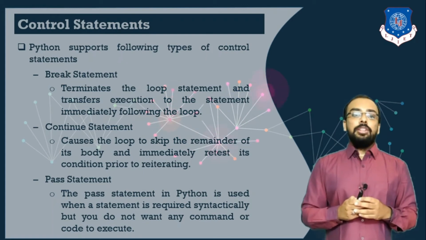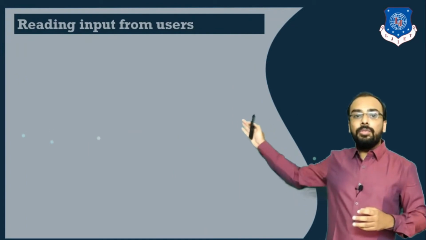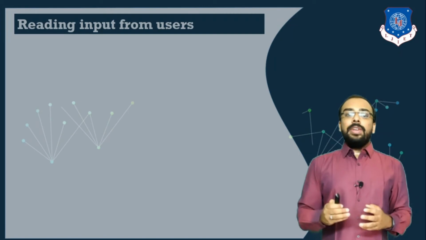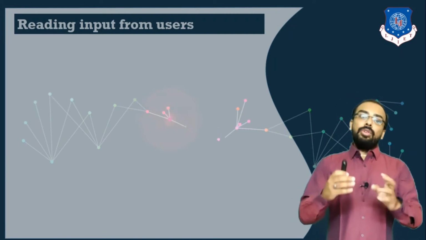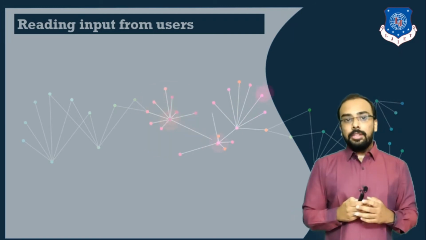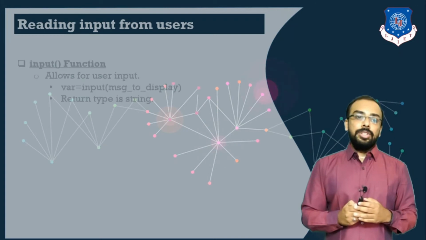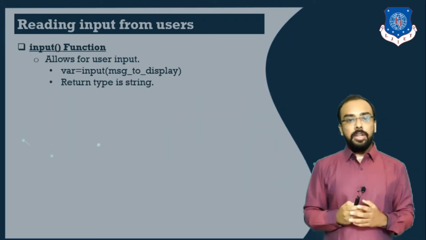Now let us move towards our next topic, that is reading input from the users. Until now, what we have seen is that we are taking some fixed variables and assigning them a fixed value. Now I want to allow the user to specify the values for my input. For that, Python provides a function known as the input function. What is the syntax of this input function?